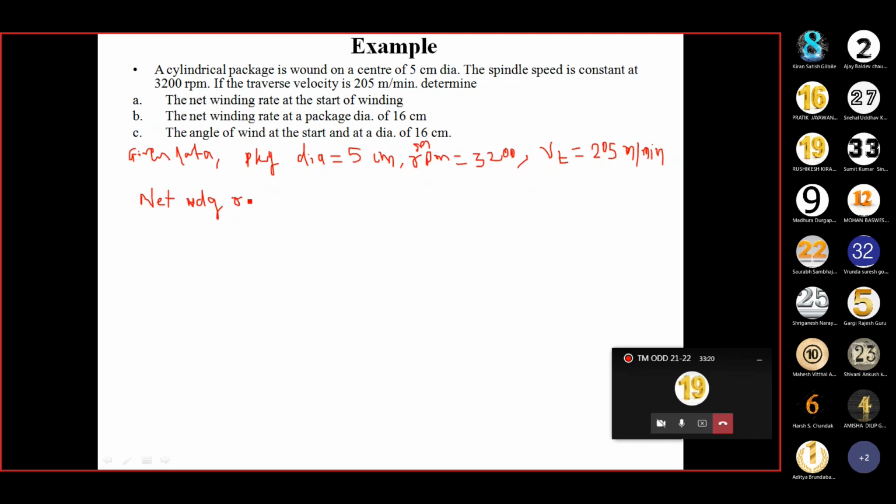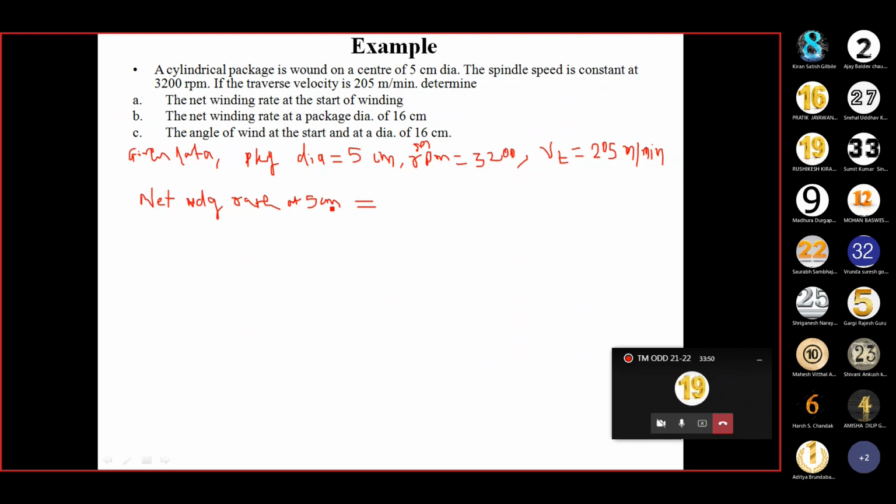Net winding rate at 5 centimeter dia. You write down as I am telling, because it is very difficult for me to write here as I don't have my assets. I am drawing it by mouse.